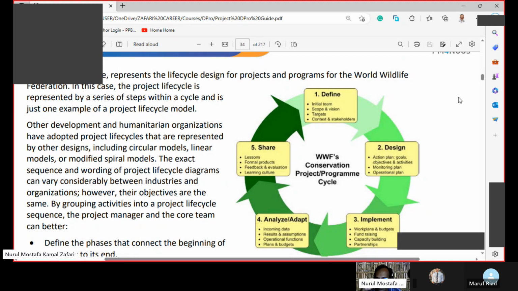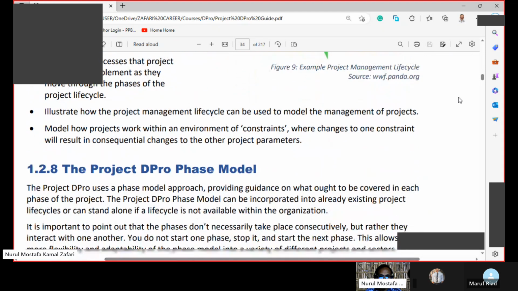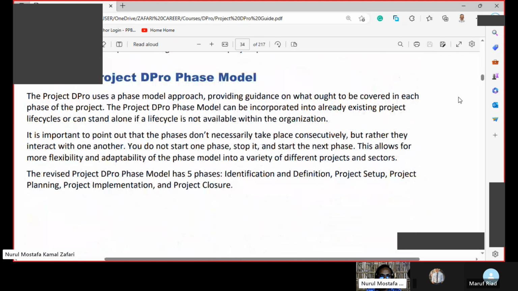And in their life cycle, there are 5 phases: defining phase, designing phase, implementing phase, analyzing or adapting phase, and sharing phase. But these phases can vary from situation to situation, donor to donor and organization to organization. Let's go forward as this is not very much important for us.